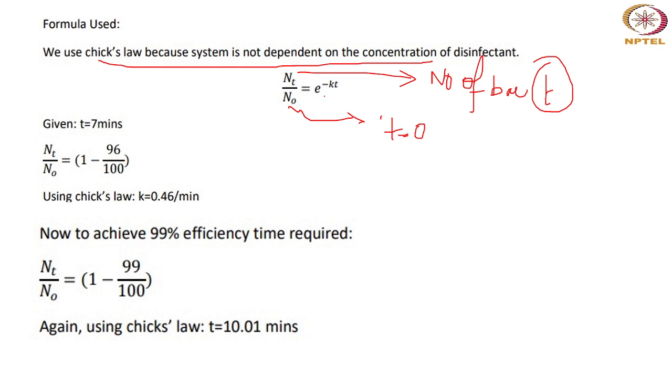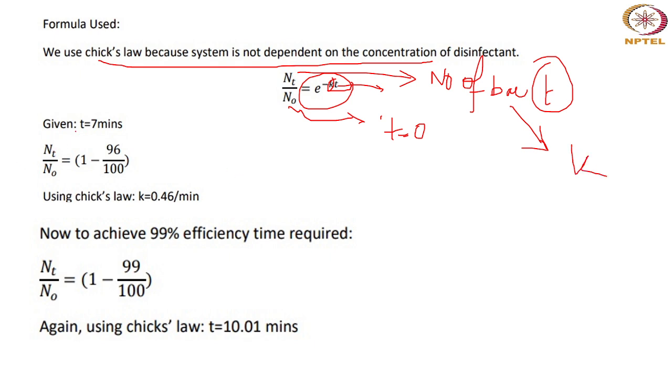We are assuming a first order reaction. So in that case, it is e to the power minus kt. All of you are aware of this first order reaction. And t is the time, the contact time. k is the rate at which this number is going down, or bacterial cells are dying, the killing rate.